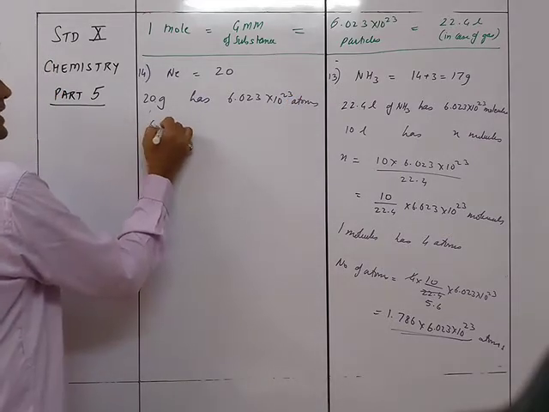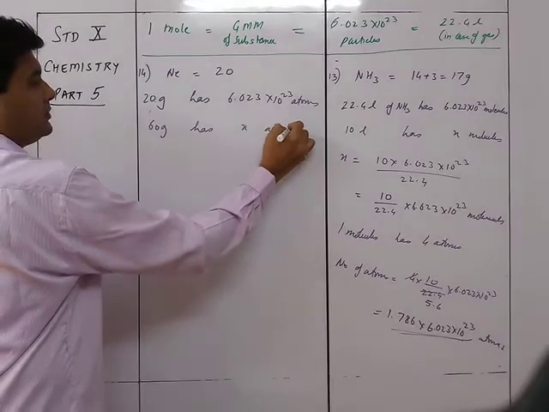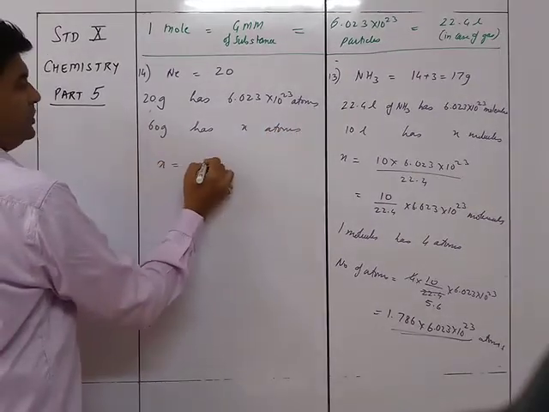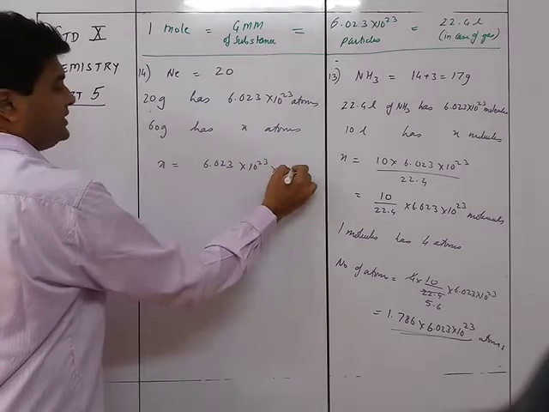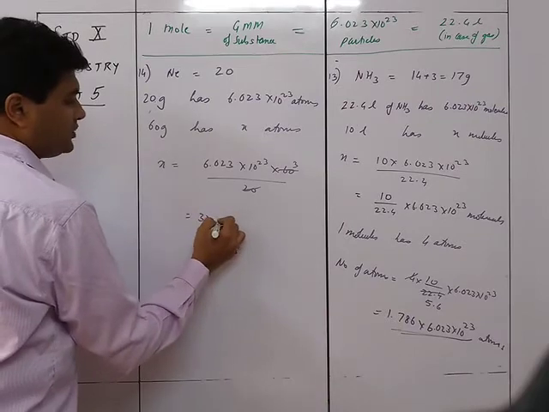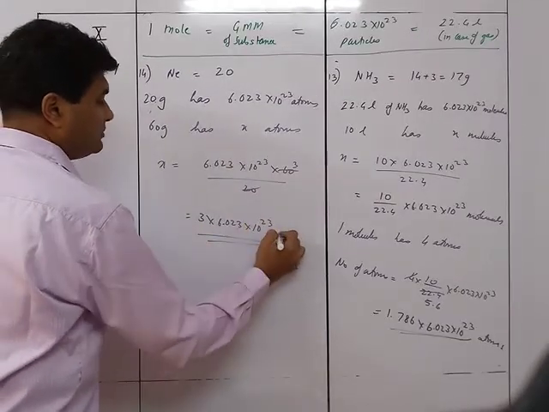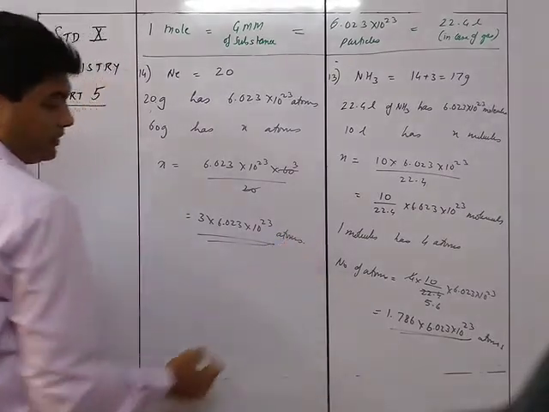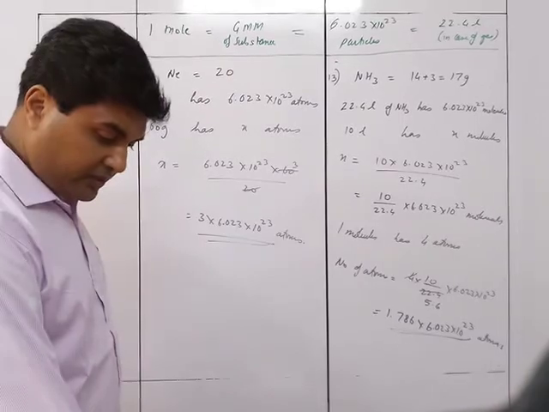Therefore 60 grams has X atoms. So X is equal to 6.023 into 10 raised to 23 into 60 upon 20. That will give you 3 into 6.023 into 10 raised to 23 atoms.